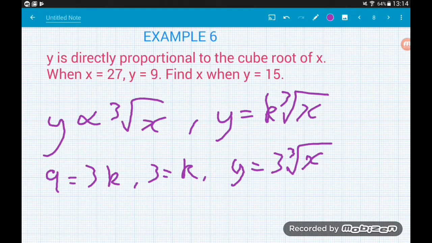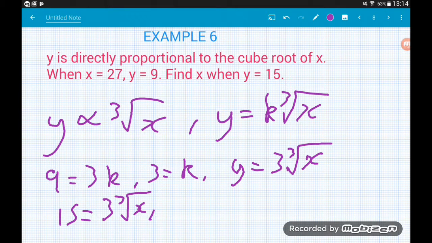We can do the final bit of the question. Find x when y equals 15. So we substitute in y equals 15. So we get 15 is equal to 3 times the cube root of x.